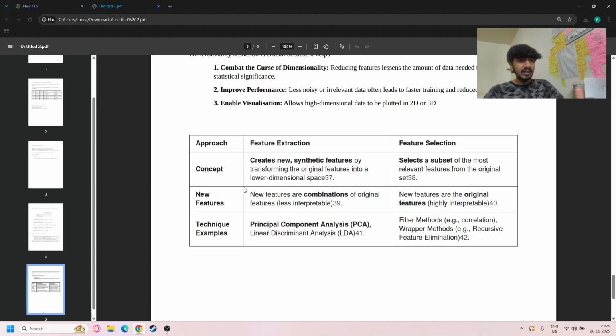So new features here are combinations of original features, and here the features are the original features themselves. There is nothing different.